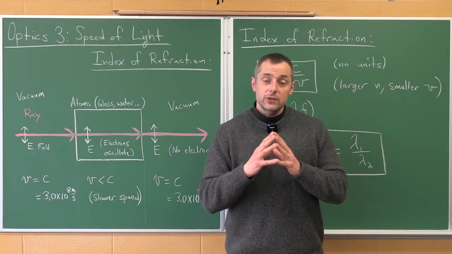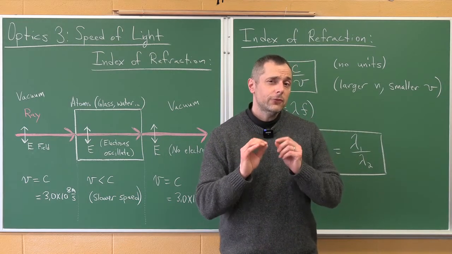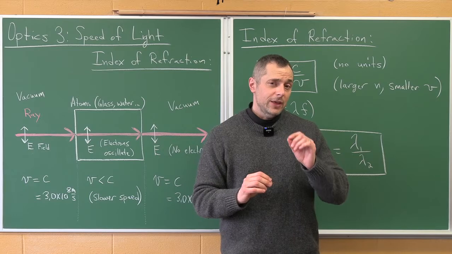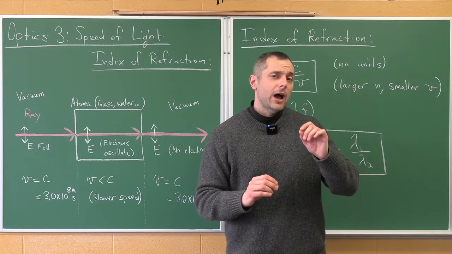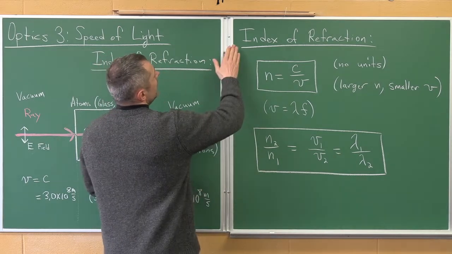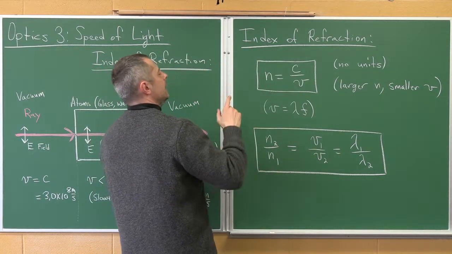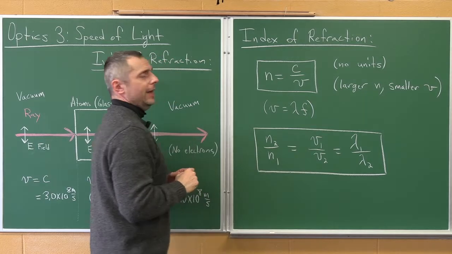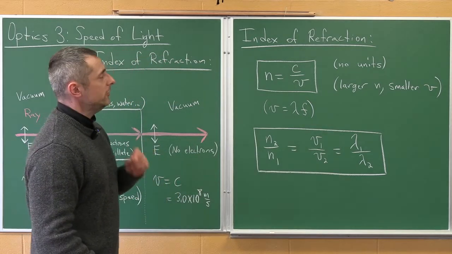So there is something called the Index of Refraction that physicists invented to quantify how much light slows down in different materials. That's what we move on to next. Index of Refraction is defined by the symbol n, lowercase n.